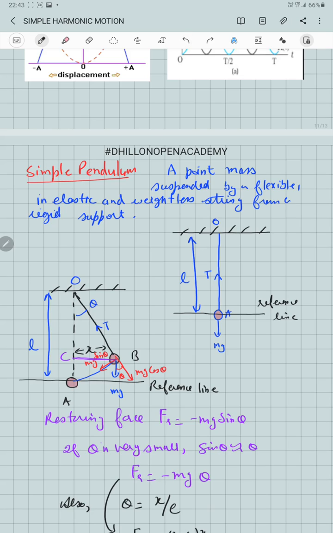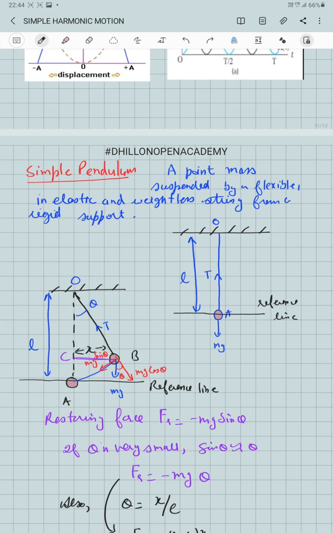So we can decompose the weight mg into two rectangular components. One component, mg cos theta, acts opposite to the direction of the tension, balancing it, while the second component is mg sin theta, directed from point B to A. When the bob is taken from A to B and released, it is the mg sin theta component which tries to bring it back toward its mean position.